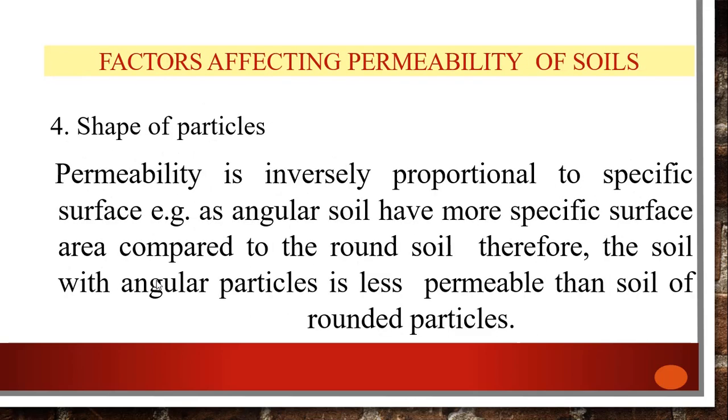Next, the shape of the particles. Permeability is inversely proportional to the specific surface. For example, angular soil has more specific surface area compared to round soil, therefore soil with angular particles is less permeable than soil of rounded particles.